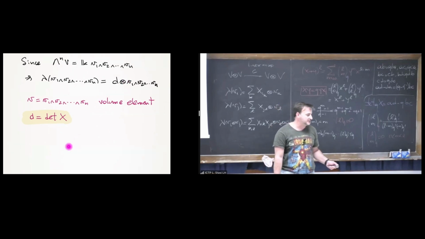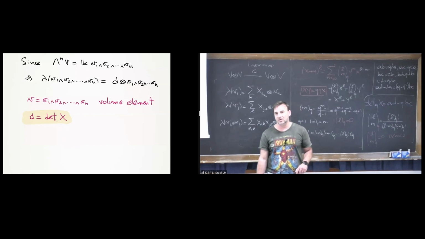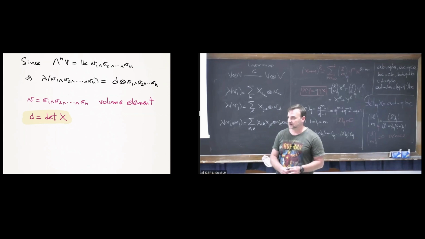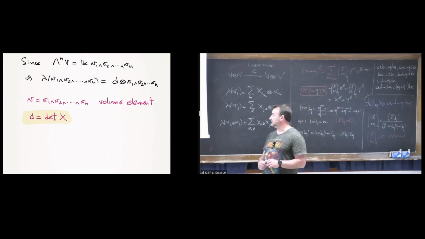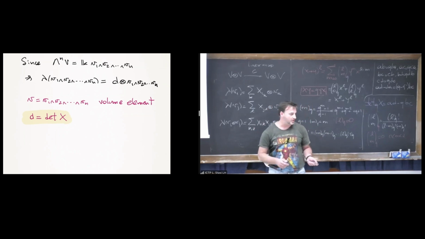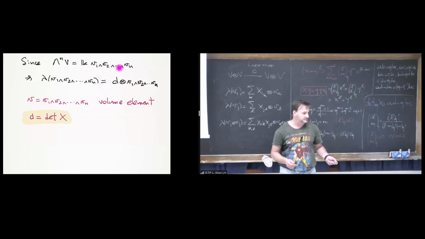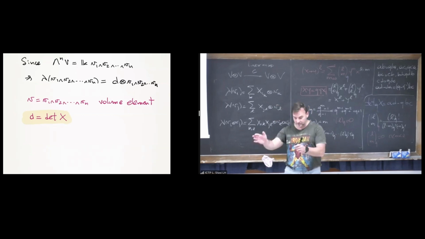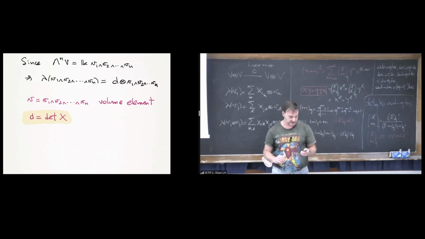This element is actually the determinant. So the question of how we find the determinant: the determinant appears in the coaction of the matrices on the volume element. So the determinant and the volume element are related.